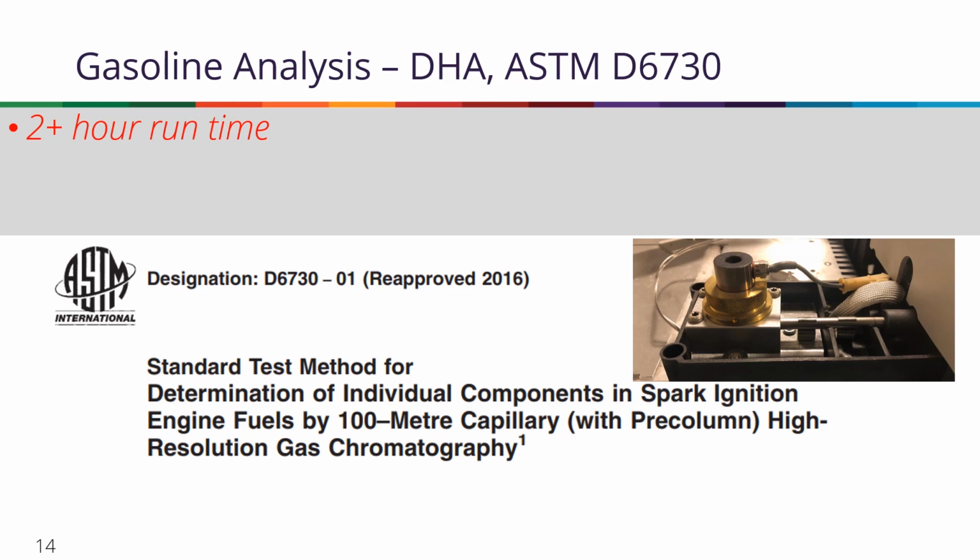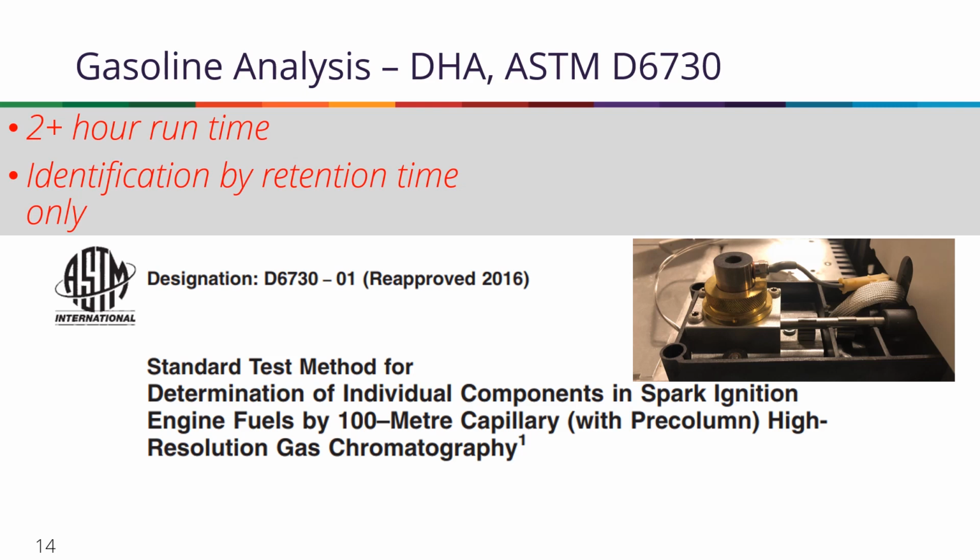First of all, we're looking at a very long runtime on the order of 2 to 3 hours for a single sample. Another one is that, at least in the context of a GC-FID run, you're only going to be able to identify your compounds generally by retention time. You can include some mass spec work in that as well, but that only adds to the complexity of the run and the length. So that's not necessarily always a good option.